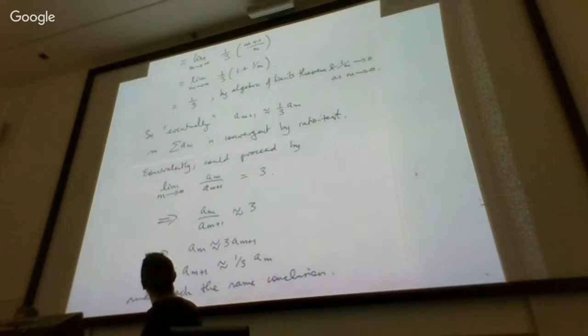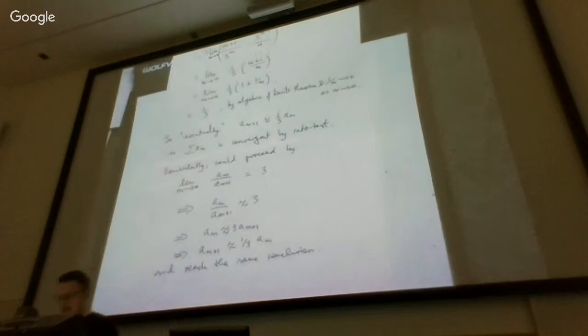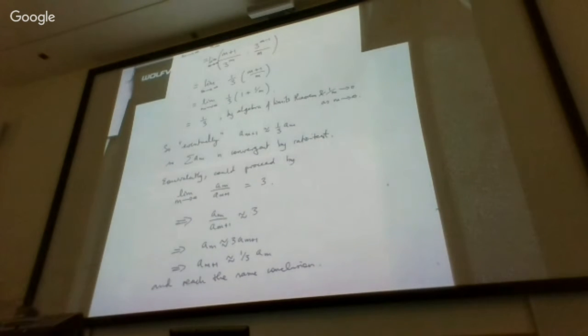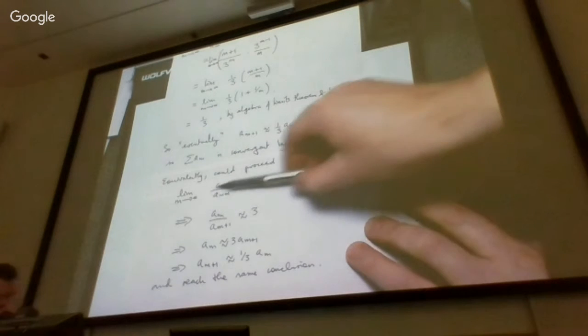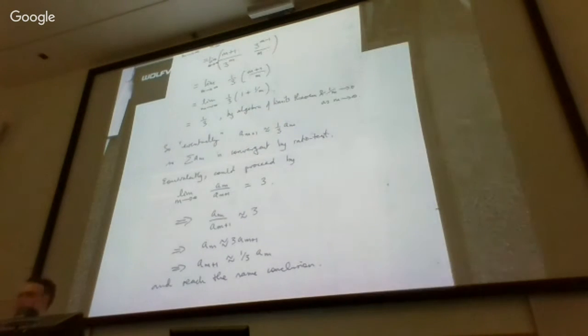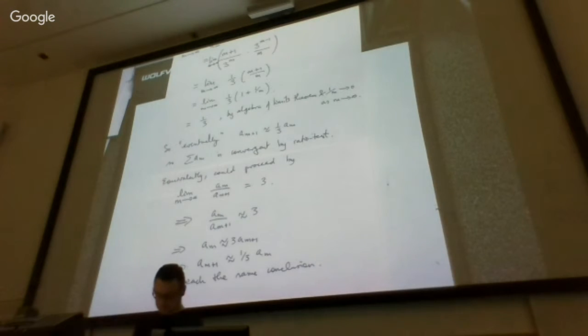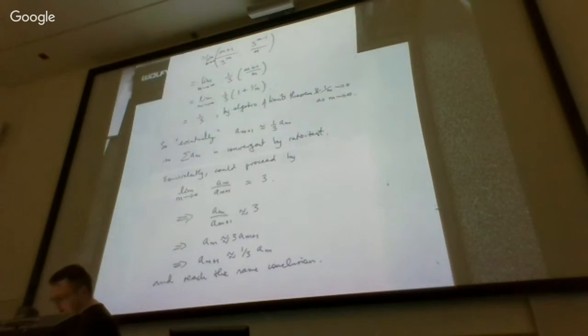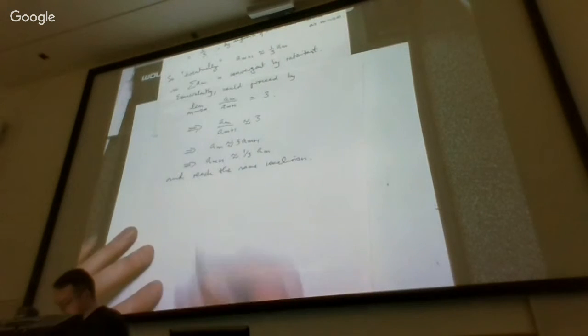But the standard, or the canonical, or the conventional way to apply the ratio test is not to look at this limit, but to look at the limit of a_(n+1) over a_n, like we did the first time. Okay? Just before we end, just one last example.